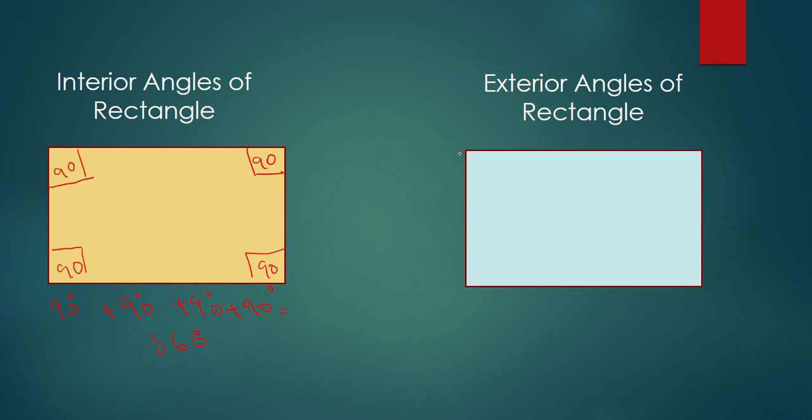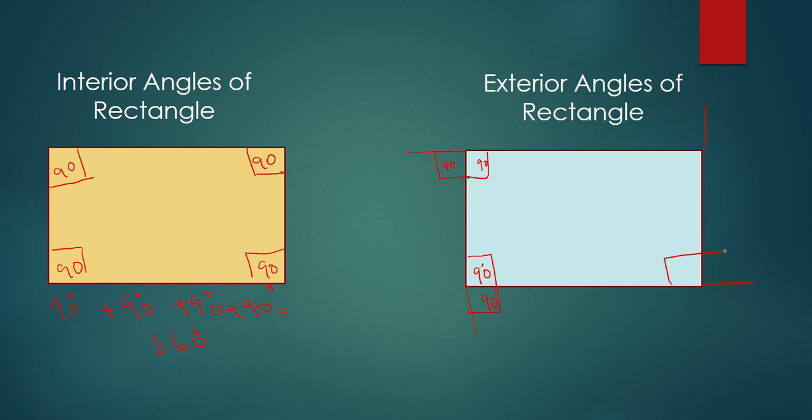Now let's talk about the exterior angle. Simply, extending the interior angle's line, making a supplementary angle. Now if this is 90, the outside angle or the exterior angle is also 90. If this is 90, the supplementary angle is also 90.